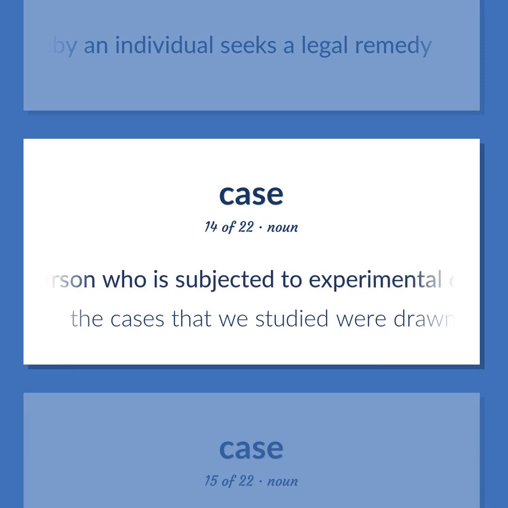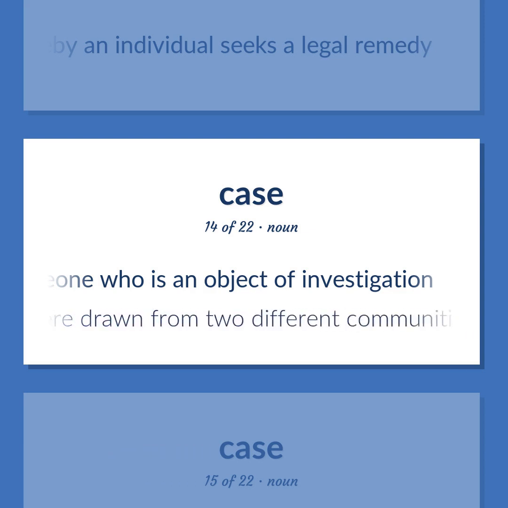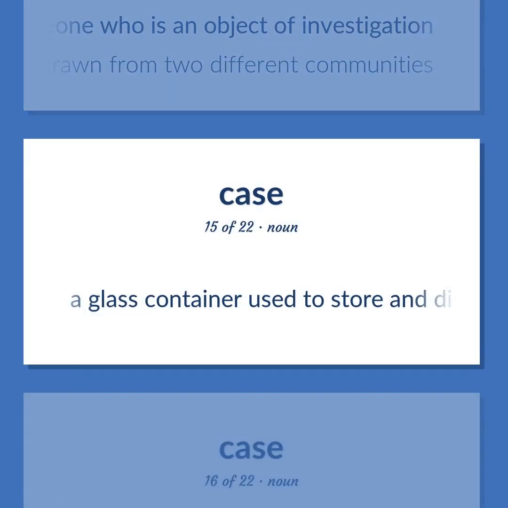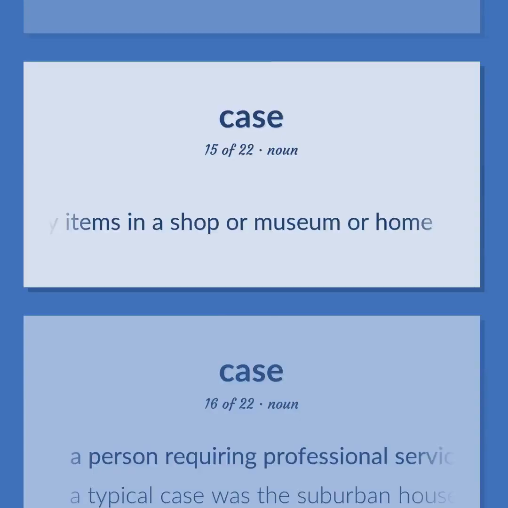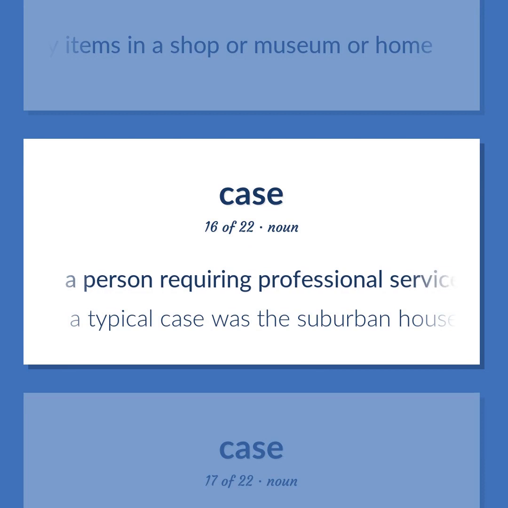A person who is subjected to experimental or other observational procedures. Someone who is an object of investigation. The cases that we studied were drawn from two different communities. A glass container used to store and display items in a shop or museum or home. A person requiring professional services.